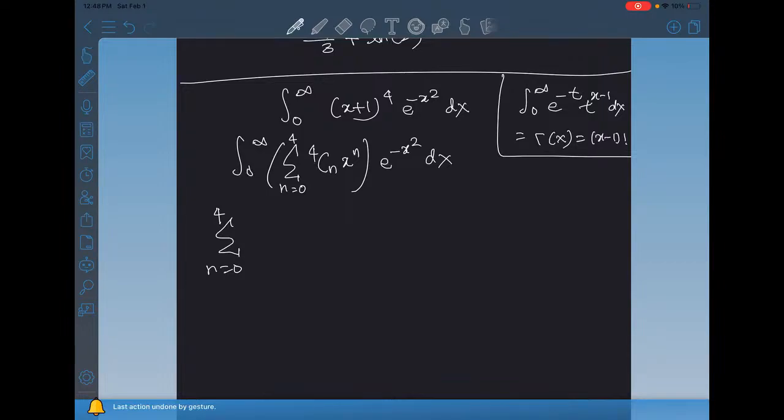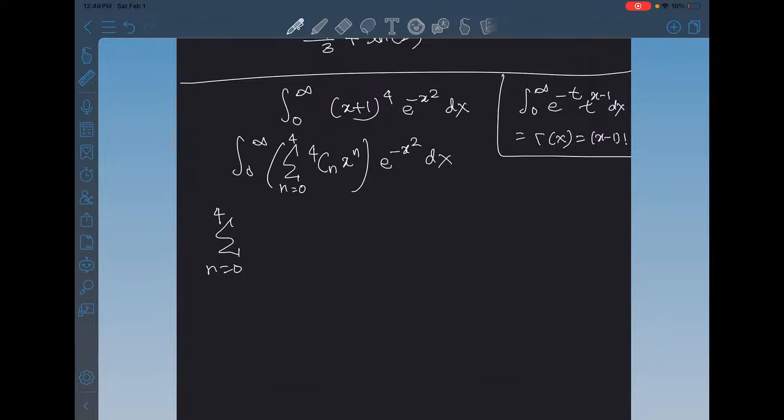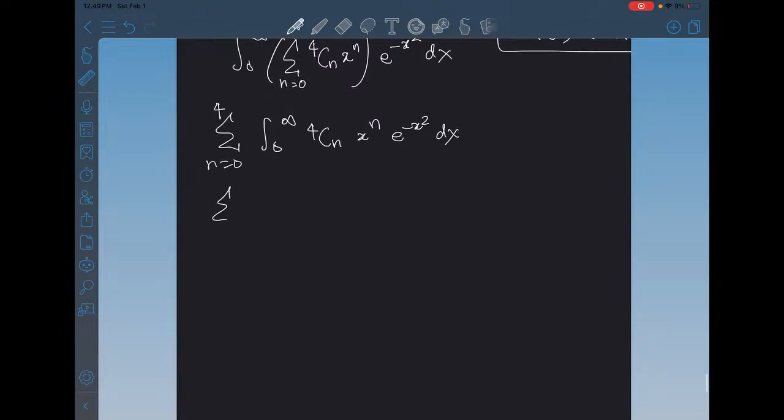Exactly, I'm doing the same thing. So from 0 to infinity, 4Cn x to the power n e to the power minus x squared dx, right? Now I can actually use the gamma function that I'm so desperate for.